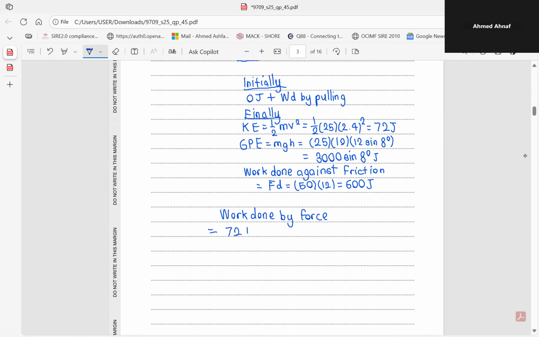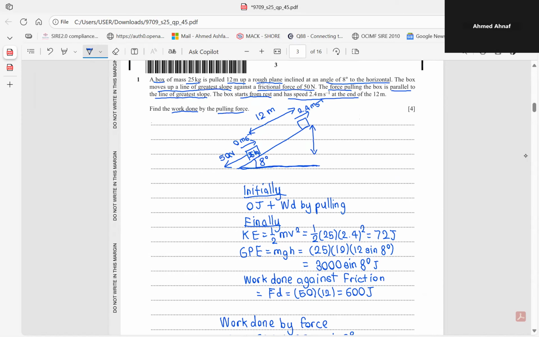So 72 joules plus 600 joules plus 3,000 sine 8 degrees joules. This would all be equal to 1,090 joules to 3 SF. So this is our final answer for the first question.